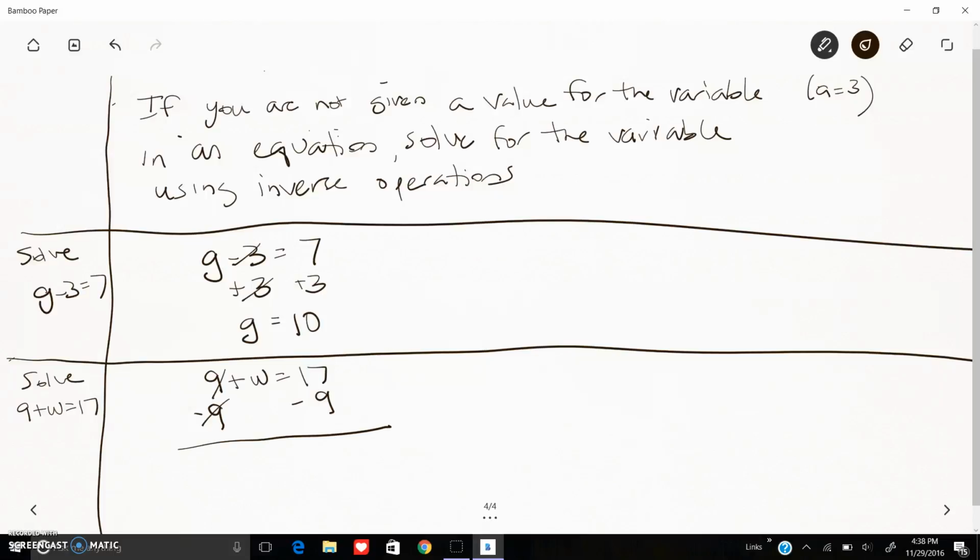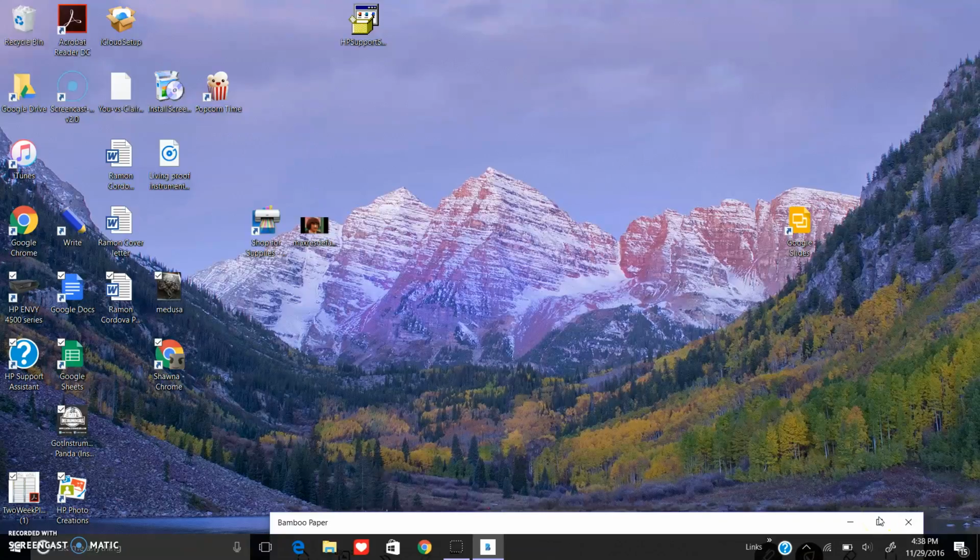This cancels out and isolates the variable. 17 minus 9 is 8. You can go back and double check these by putting the numbers back in. 10 minus 3 equals 7. Yes, it does. 9 plus 8 equals 17. Happy days.